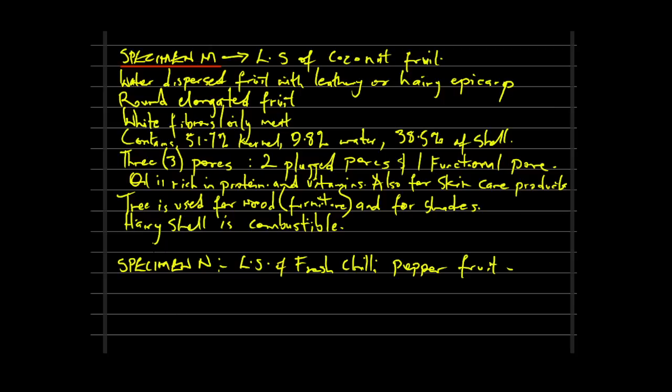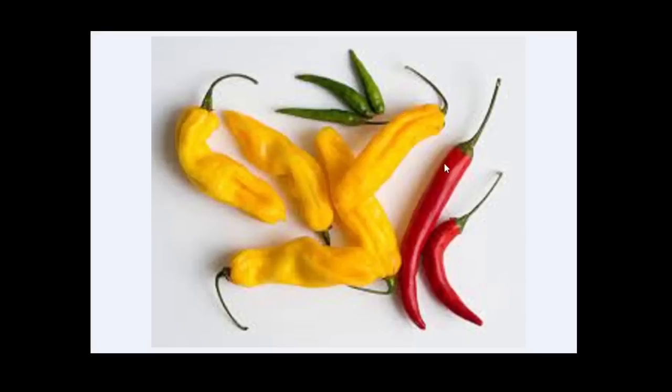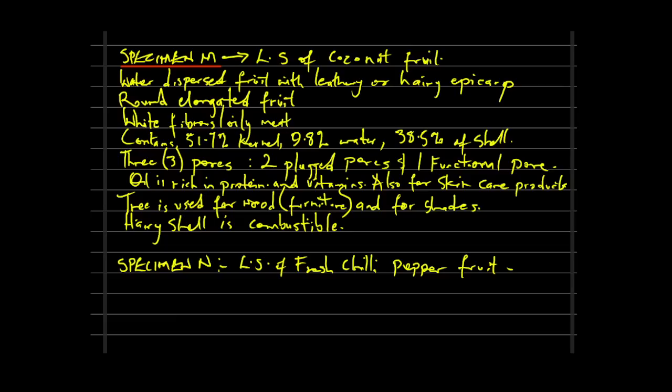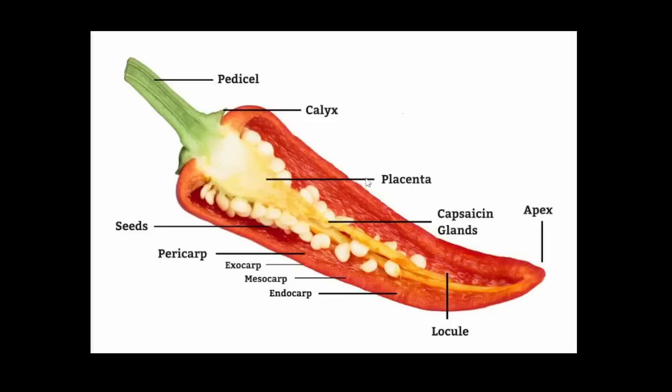That is the last specimen that we have for this segment. This is how the fruit looks like. But when we talk about the longitudinal section of the fresh chili pepper fruit, this is what we will be having.